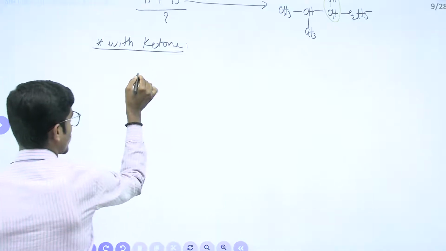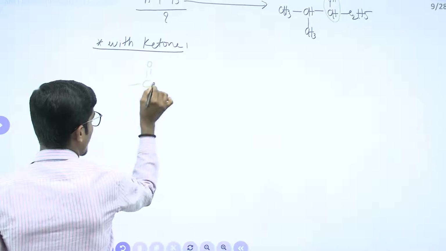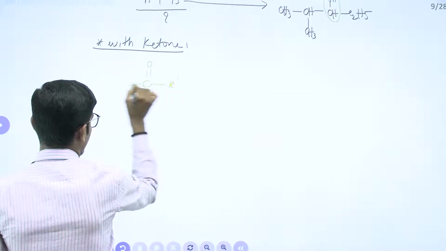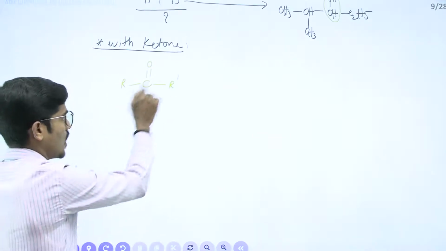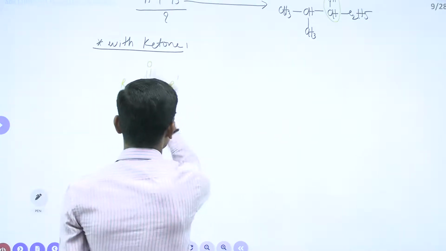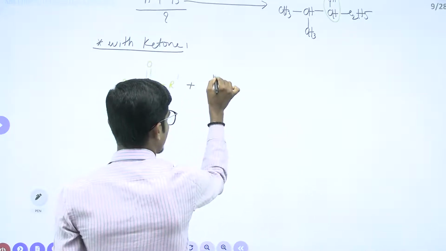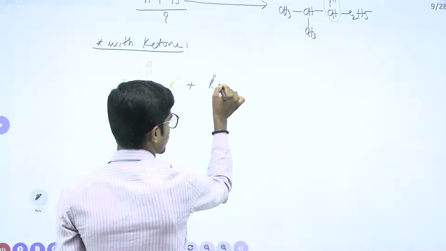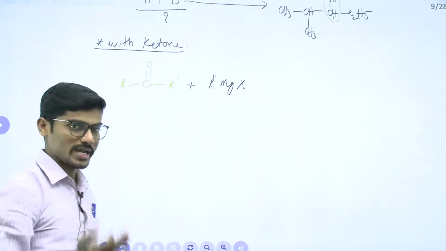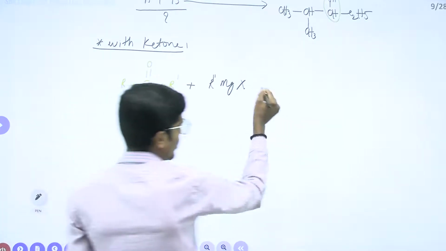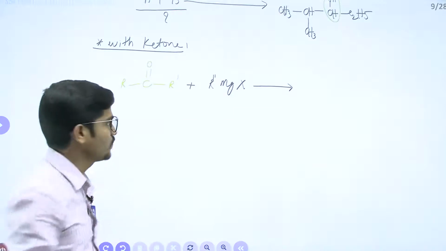I am taking ketones, C double bond O, R and R dash. Just one ketone I have considered. This is the groups present in the ketone. When this is treated with R double dash, that is from Grignard reagent part, MgX. So shall I write directly? Within the step, if you understood the mechanism of this Grignard reagent, you can write directly, no problem.